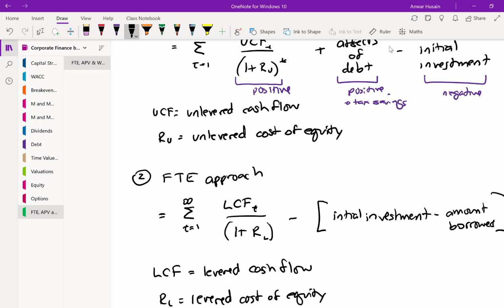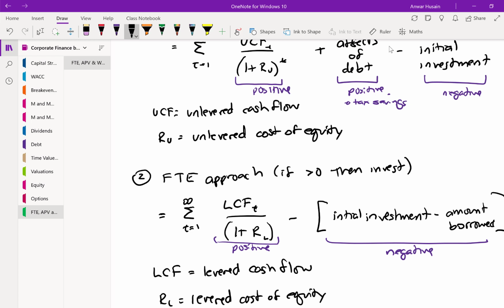The initial investment is straightforward. The amount borrowed is straightforward. It's debt. Now this is going to be positive, this is going to be negative. And it's the same thing: if this is greater than 0, then you invest.